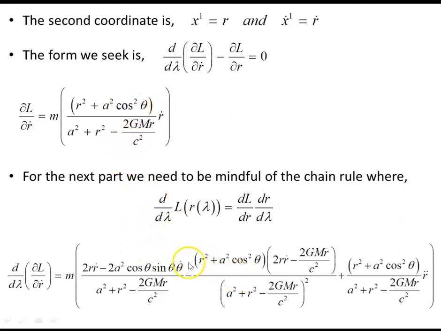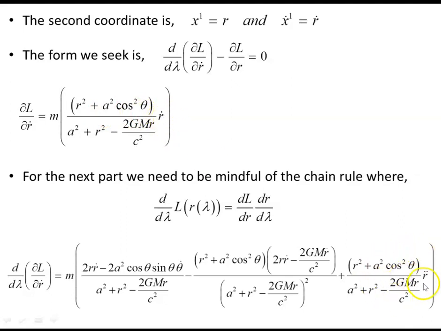So what we've got over here, this first part was the use of the quotient rule. And then the next bit was differentiating here. And then the next bit was, because we have to differentiate theta dot, theta and r dot, because they're all a function of lambda.